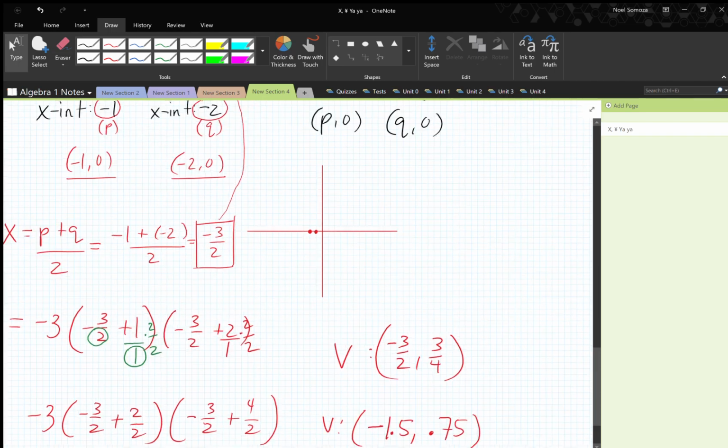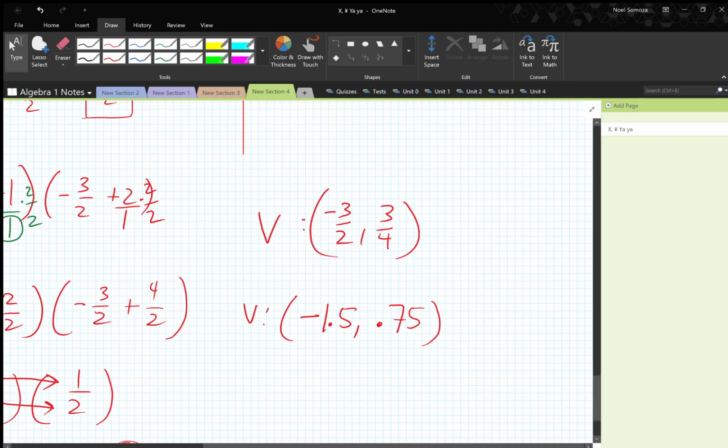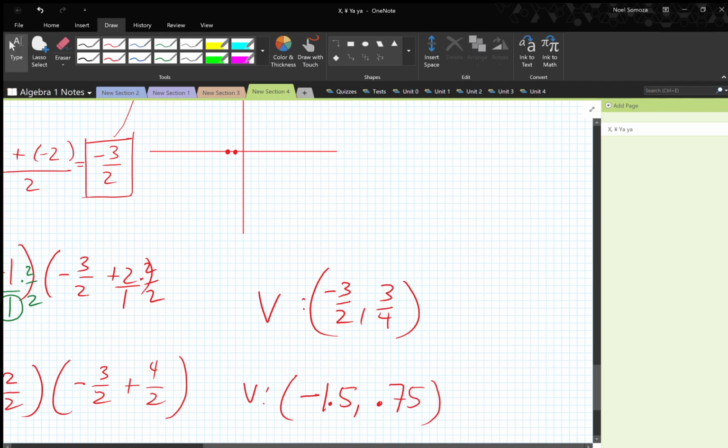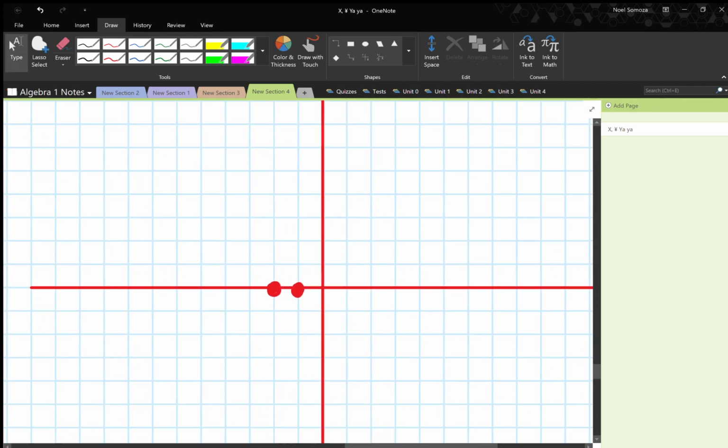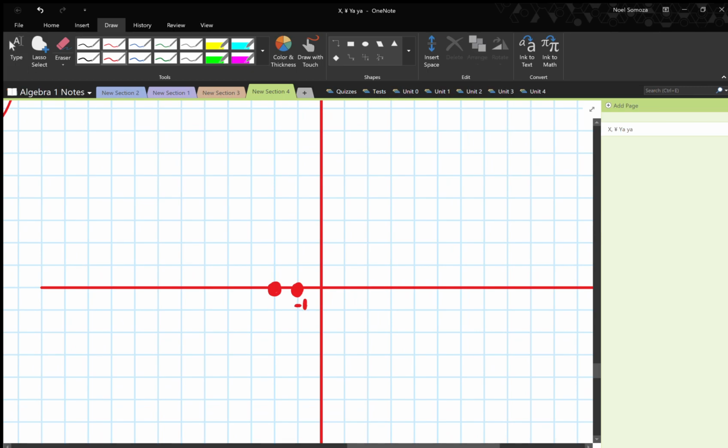So I know I'm looking for negative 1.5, positive 0.75. If this is negative 1, 0, and this one is negative 2, 0, then negative 1.5 is going to be right in between. But I'm not going to go all the way up to 1, because my vertex says I have to be at 0.75. So my vertex is negative 1.5, 0.75.